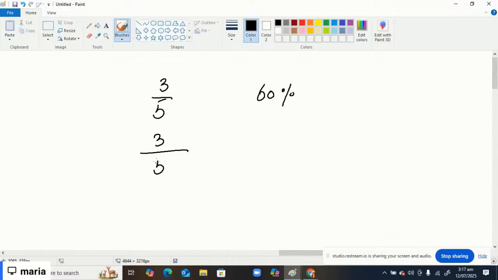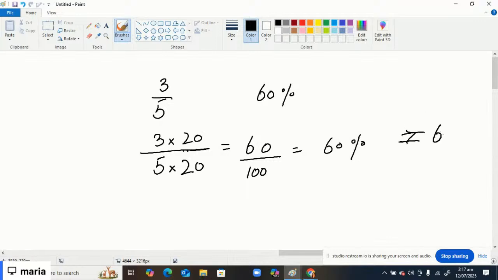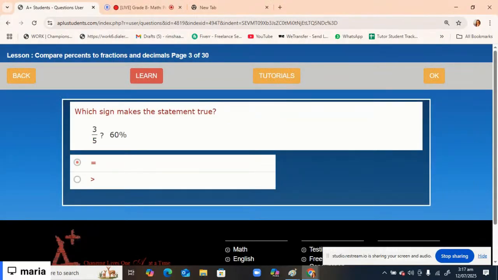Now 3 by 5, multiply top and bottom. 5 times which number is 100? 20. 3 times 20 is 60 over 100. So this becomes 60%, and here is already 60%. So these both are equal.